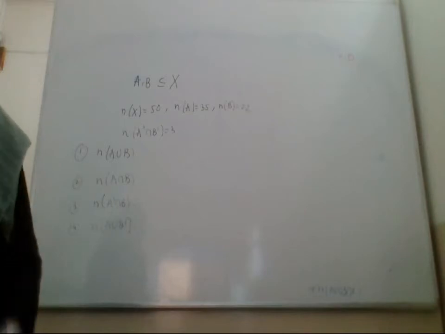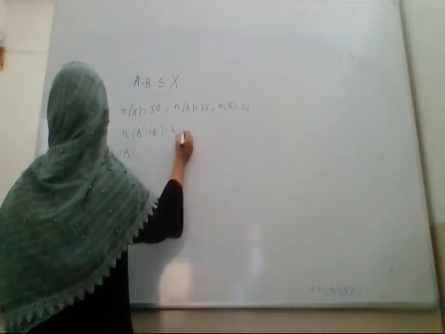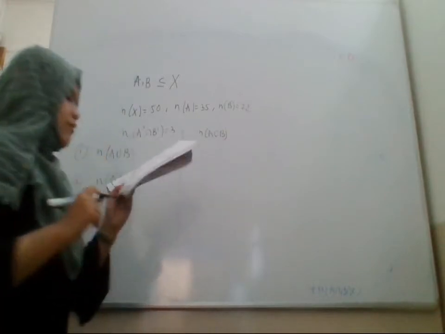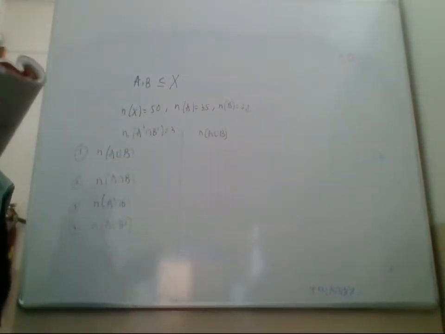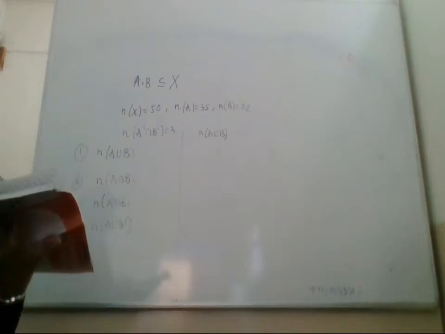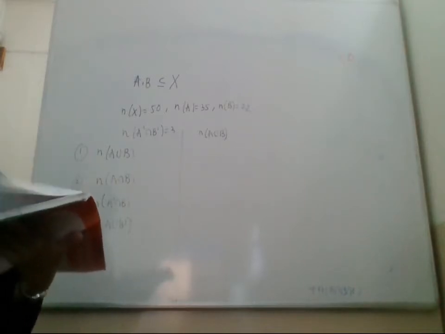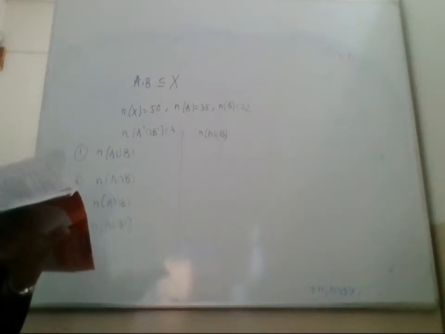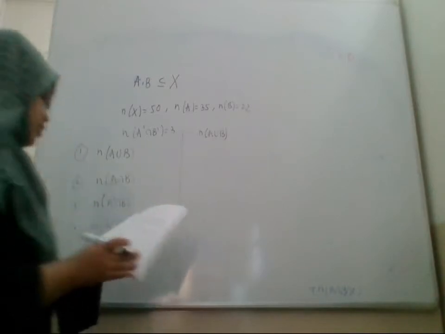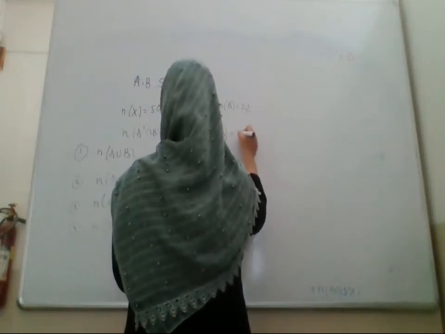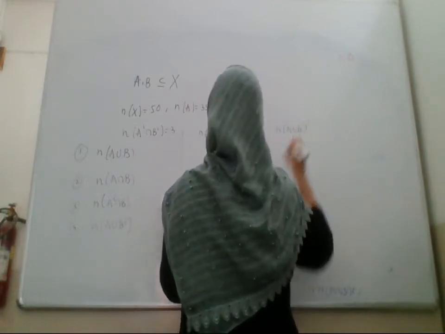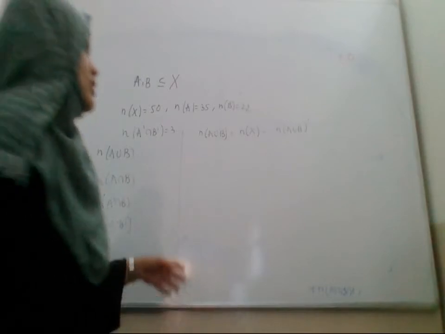So first of all we will find out the cardinality of A union B. As we have a formula for cardinality of A union B, by De Morgan's, the formula we have seen on the page. So it is, cardinality of A union B is equal to cardinality of X minus cardinality of A union B whole complement. Okay, let me explain this to you.